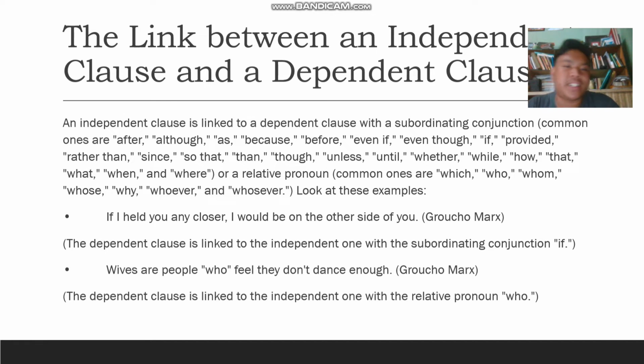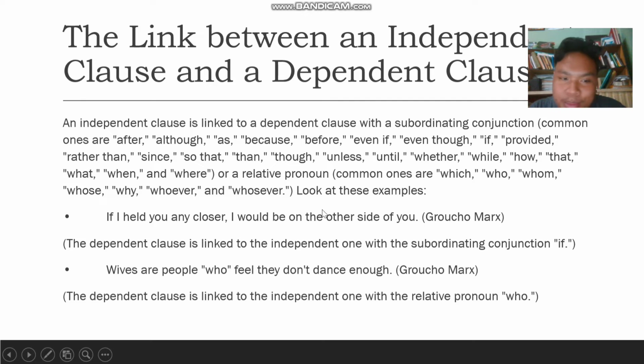Common ones are after, although, as, because, before, even if, even though, if, provided, rather than, since, so that, than, though, unless, until, whether, while, how, that, what, when, and where. Or a relative pronoun. Common ones are which, who, whom, whose, why, whoever, and whomever.